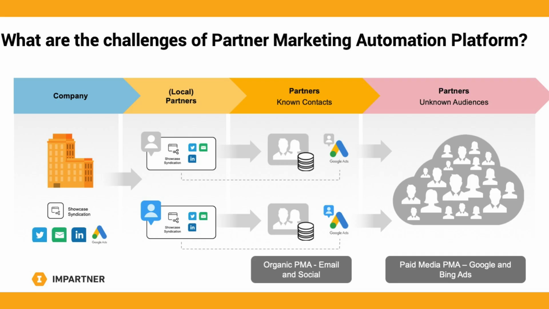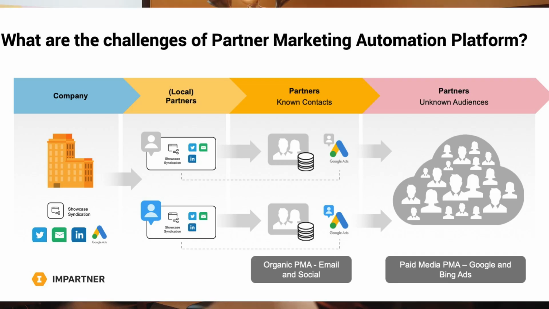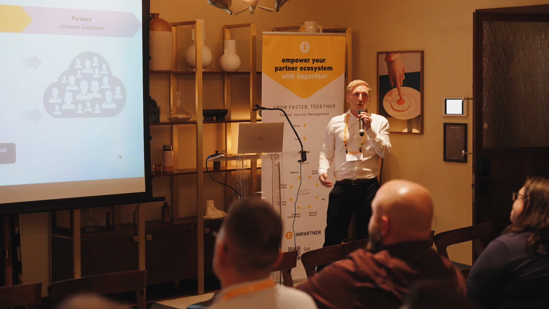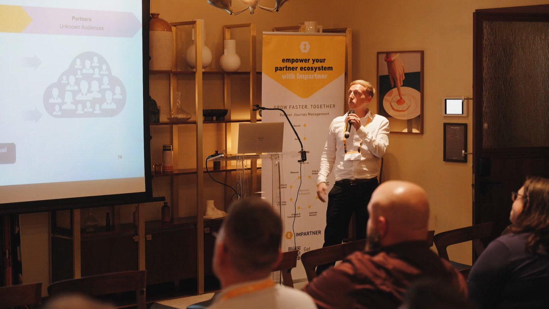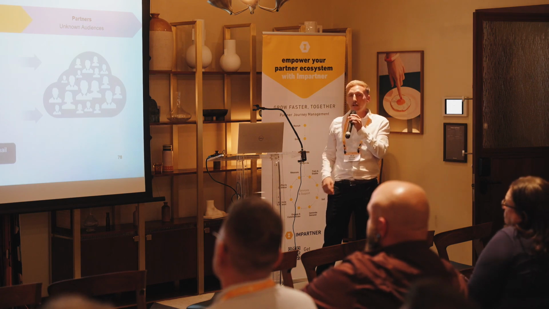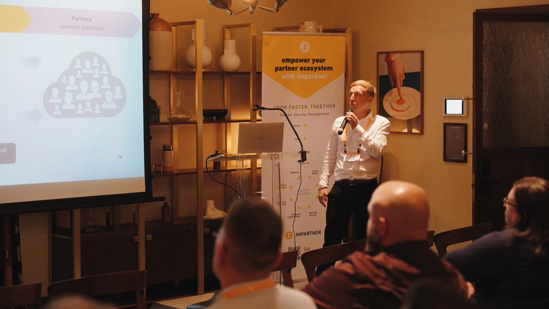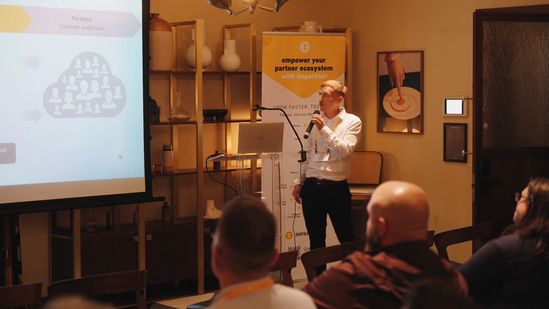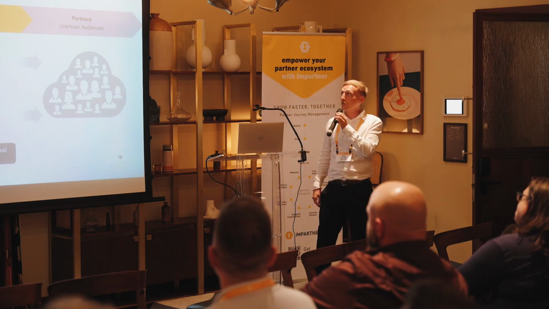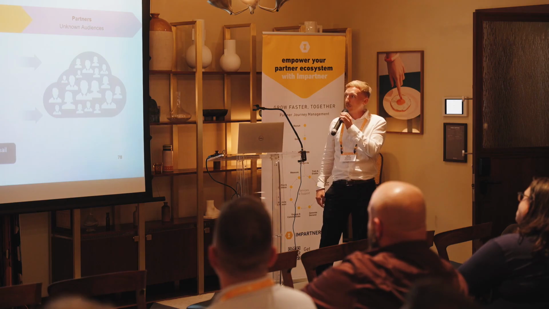The two different types of partner marketing automation, which we call PMA: the first one is organic PMA. With organic PMA, you push ready-built social and email campaigns directly through your partners' databases to their known contacts, creating awareness and driving engagement and demand within their databases.